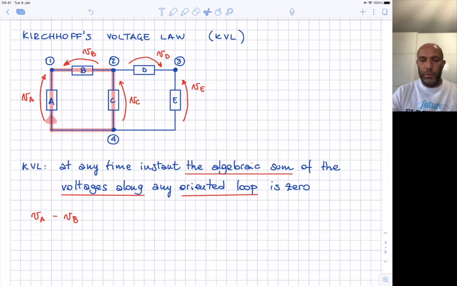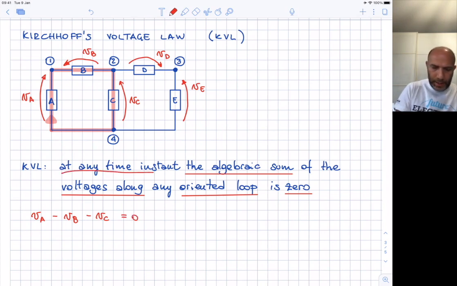Finally, if we move from node 2 to node 4, we find the voltage VC, and also in this case, the direction of VC is opposite with respect to the orientation of the path. And so, also in this case, we use the minus sign. And this sum is 0 at any time instant.